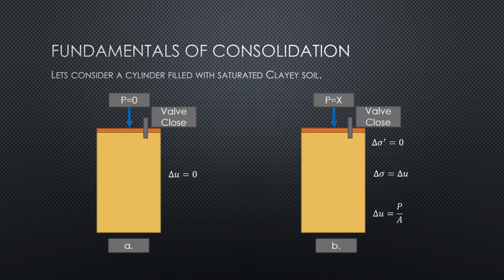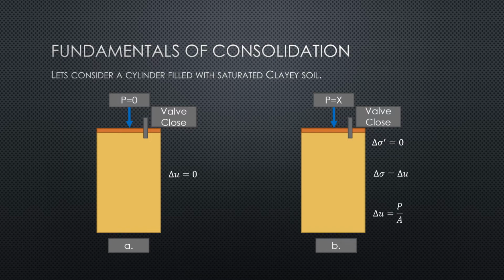For the fundamentals of consolidation, let's consider a cylinder filled with saturated clay soil. In figure A, let's assume that the whole figure is a cylinder and the yellow color contained inside the cylinder is a clayey soil. The orange at the top is a plate compressing the soil, with a valve represented by a gray figure at the top of the plate.